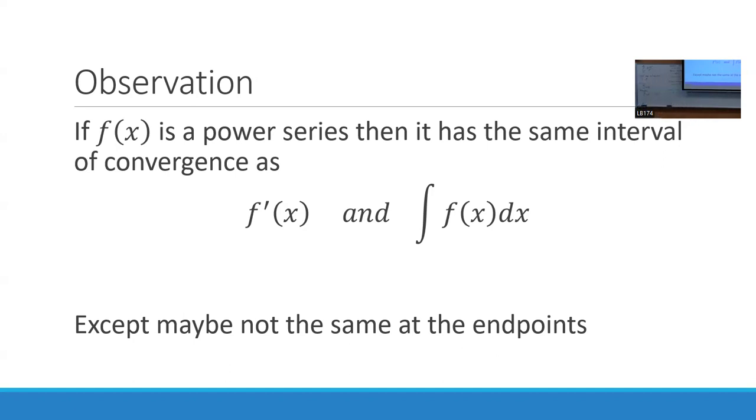it turns out if my function is a power series, then the derivative of that function and the integration of that function has the same interval of convergence. Now, it has the same interval of convergence, but multiplying by n or dividing by n minus 1 may change how the endpoints work.